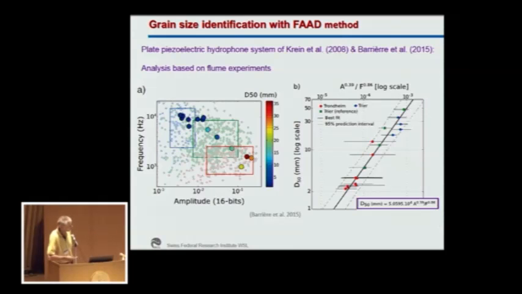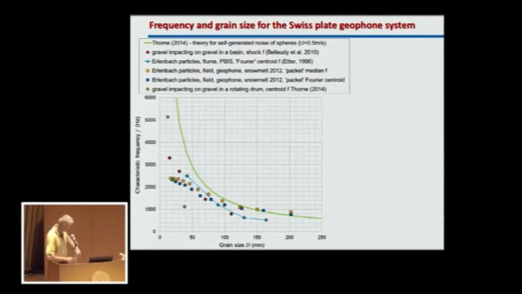You see here the empirical functional relationship that they then use to estimate the D50 of the mixtures they used in the flume experiment. So grain size identification is possible based on frequency and amplitude information, is the conclusion.